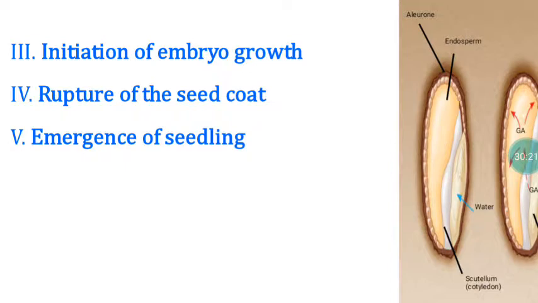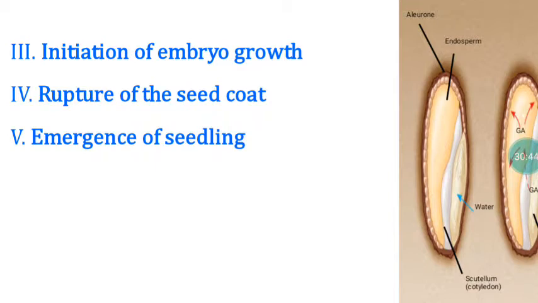Once the root and shoot region of the embryo started to elongate, the seed coat is not able to maintain its structural integrity, because bulging is going to take place because of the elongation of the embryonic regions. So once the seed coat is not able to withstand it, the seed coat gets ruptured.